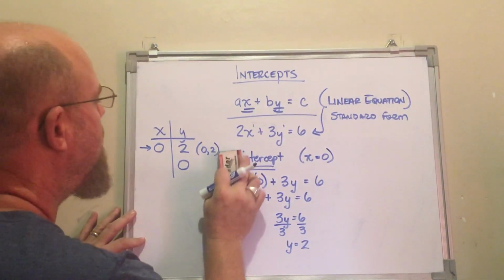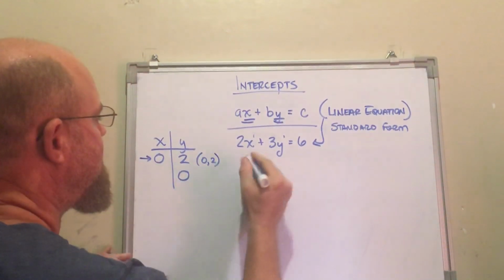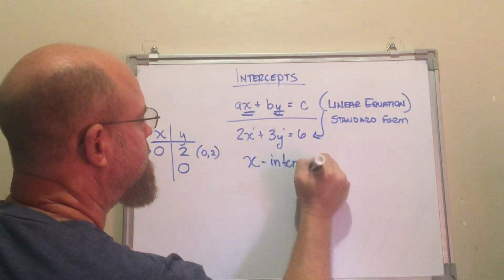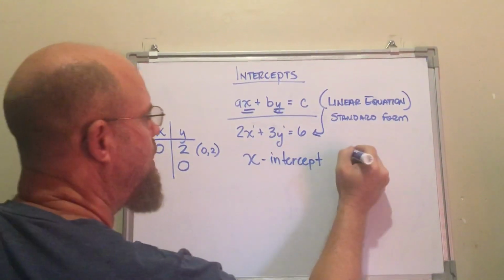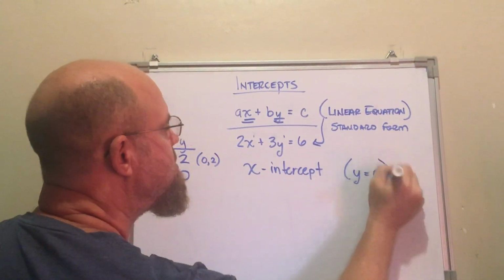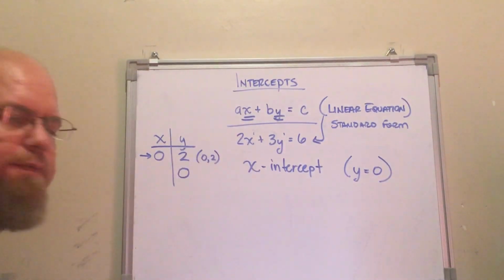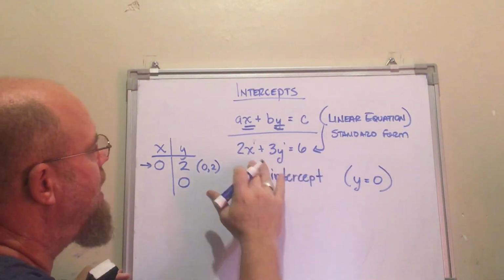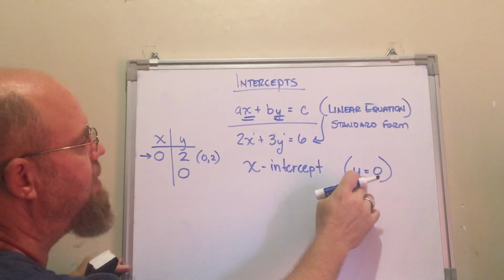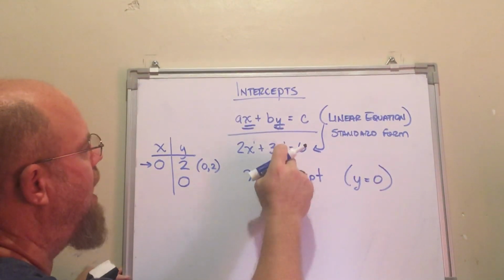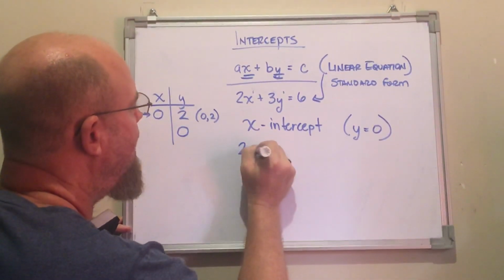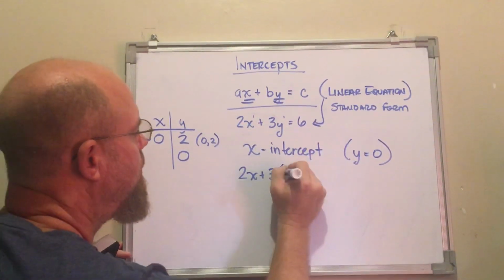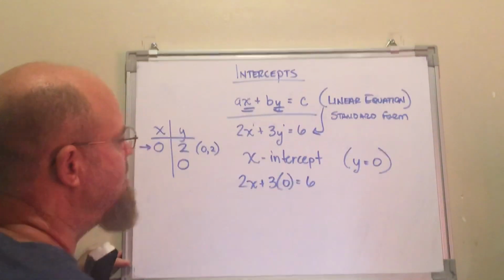Now we need to find our x-intercept. The x-intercept is when y equals 0. Same thing I showed you before. In order to figure out what x equals when y equals 0, all we do is plug the value of 0 in for y. That gives us 2x plus 3 times 0 equals 6.